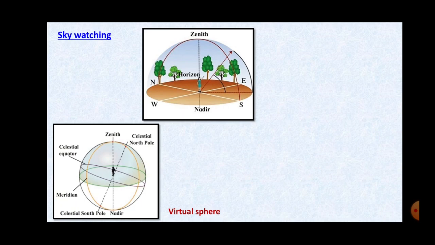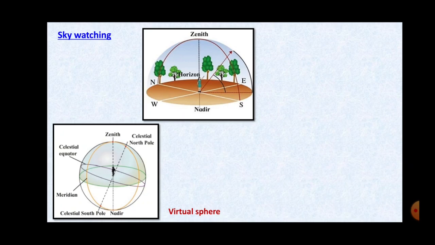And when we look at the sky at the top, we feel that it is a circle, and the stars and the planets move in the sky, and this virtual sphere is called the celestial sphere. Celestial bodies means the bodies which are there in the space. Now, because of this, the horizon divides the sky into two halves.